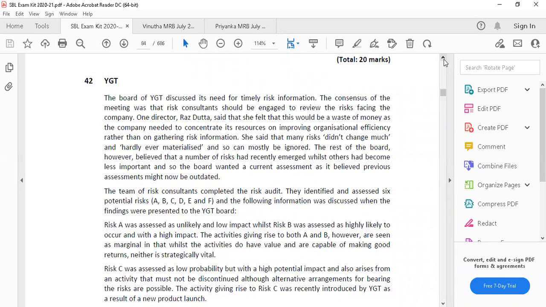YGT. The board of YGT discussed its need for timely risk information. The consequence of the meeting was that risk consultants should be engaged to review the risks facing the company. One director, Raz Datta, said that she felt that this would be a waste of money as the company needed to concentrate its resources on improving organizational efficiency rather than on gathering risk information.